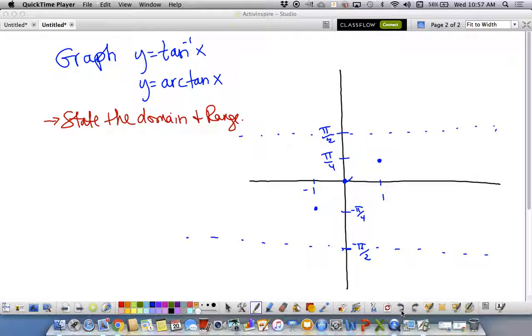No, we're going to go this way, and this one's going to go this way. What is the domain? What is the range? Are we done? I've kind of drawn it there.